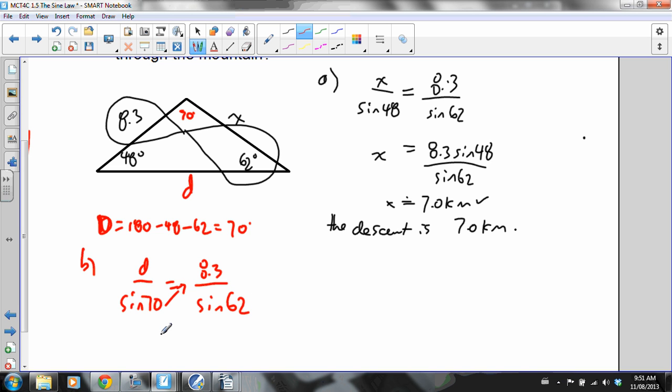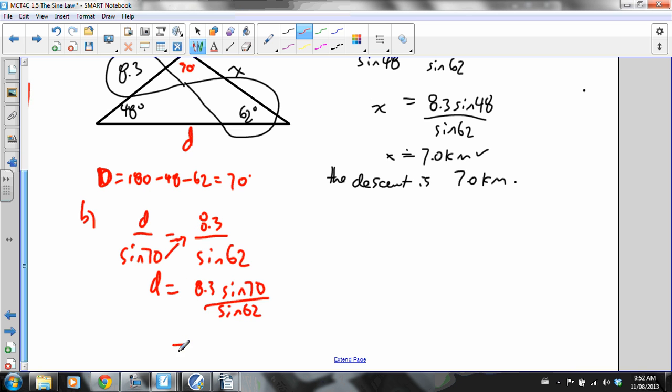Cross multiply. Jam that into a calculator. 8.3 times sine of 70 divided by the sine of 62 is about 8.8 kilometers.